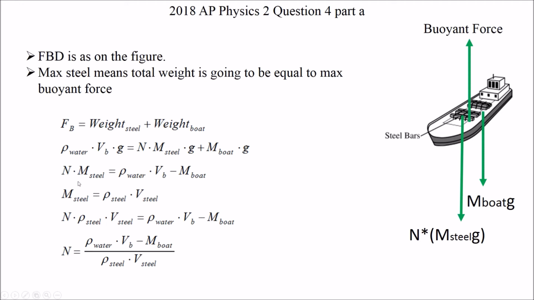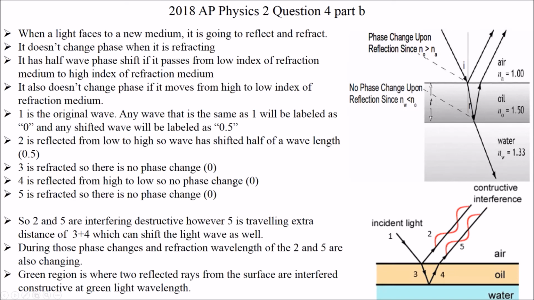If you replace M steel with density times volume, we can solve this mathematically, and your number is basically that equation.